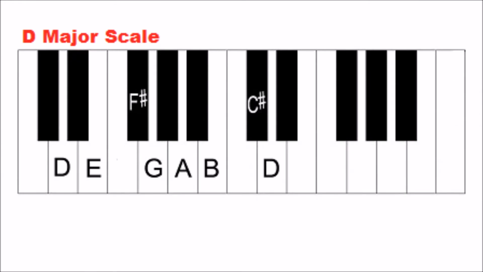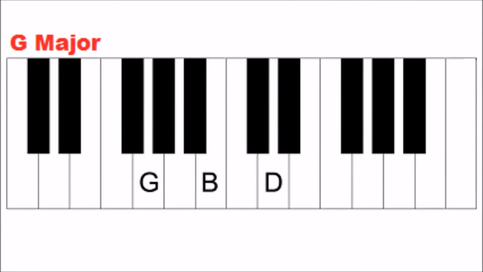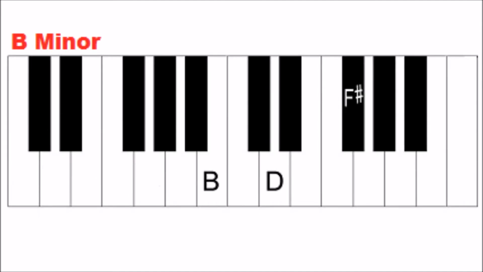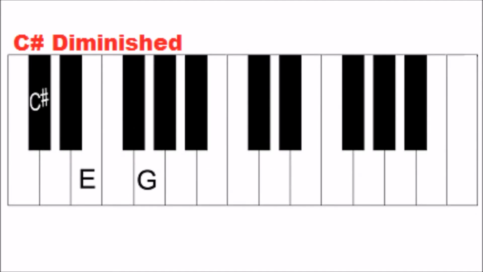You can do this with any note in the scale to come up with chords in the key of D major. You can do this for the notes G, A, B, and C sharp, and you will clearly see that the chords have to be none other than G major, A major, B minor, and C sharp diminished, respectively.